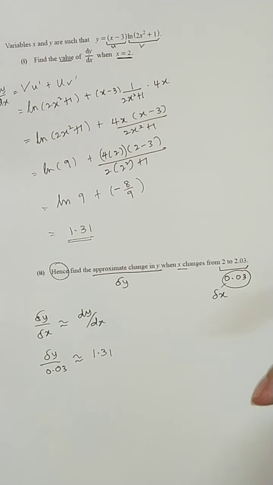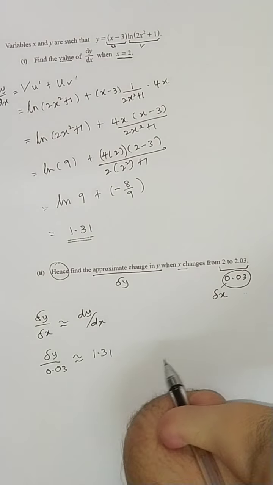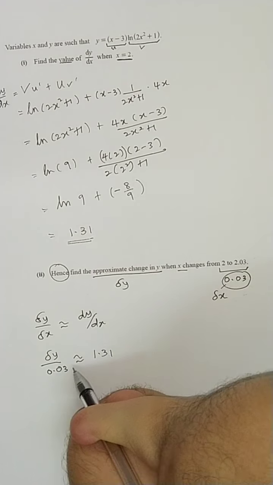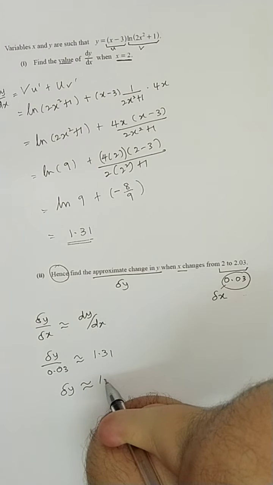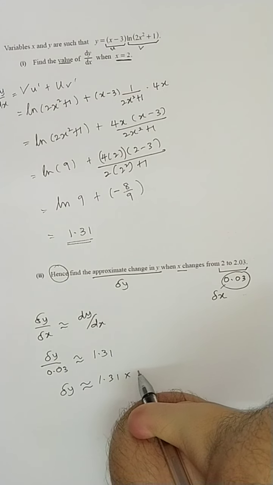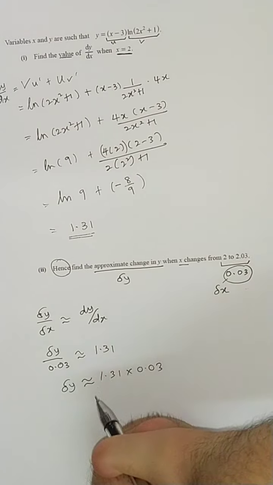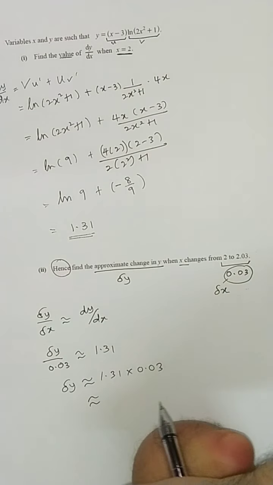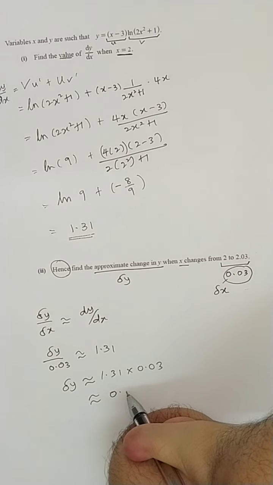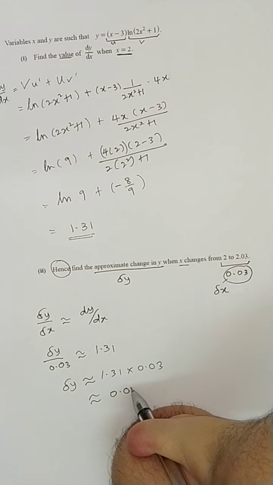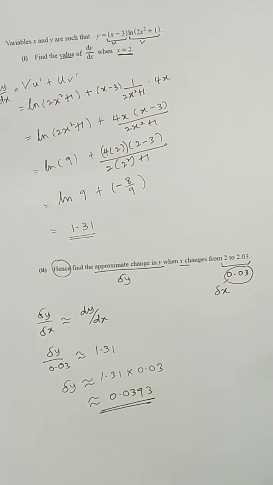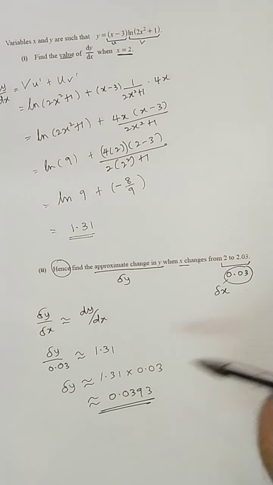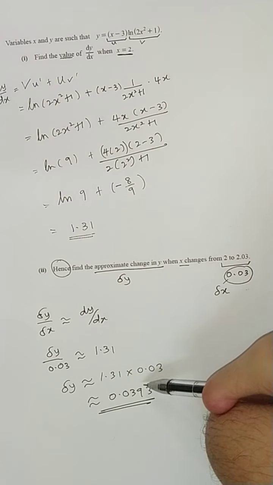Because of this, hence find the approximate change. It has a connection. Now rearrange, make delta y the subject. So 1.31 multiplied by 0.03. So the final answer, use your calculator, 0.0393. So this is the approximate change in y.